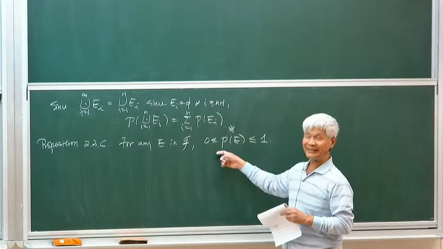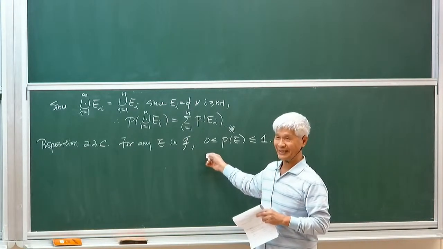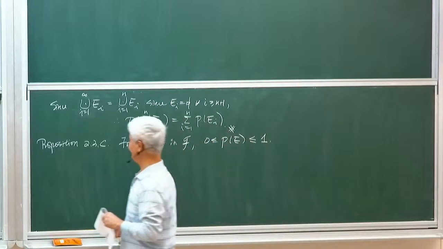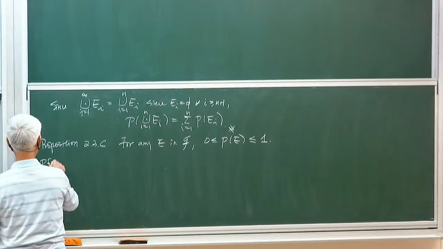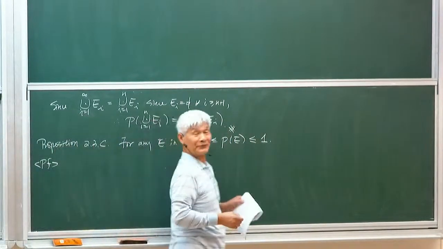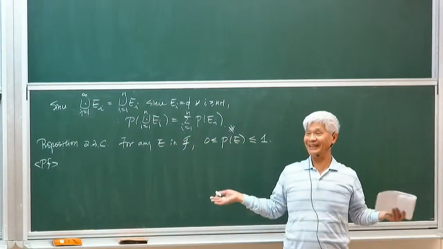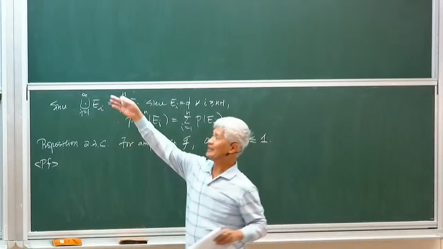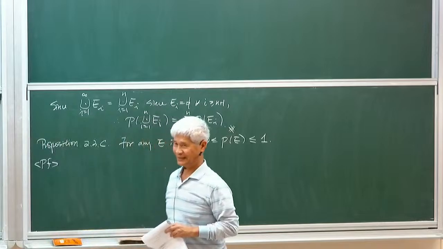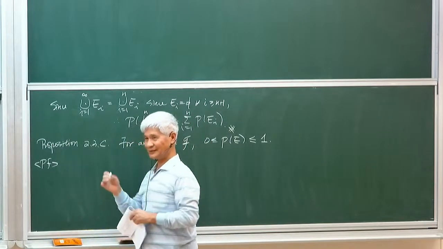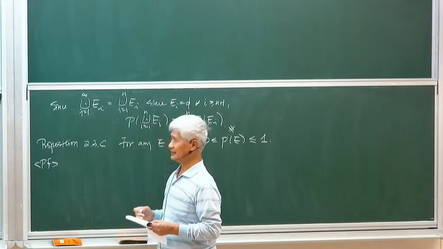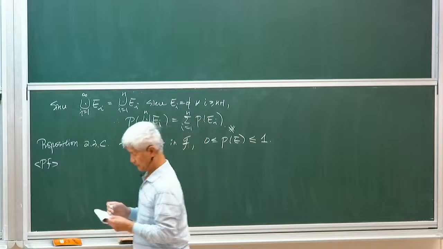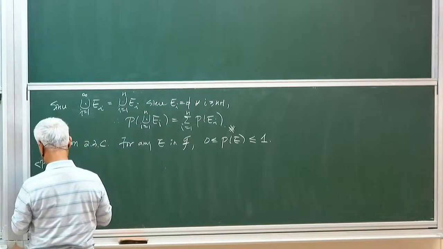Okay, this is very intuitive, right? Very simple fact. But we still have to prove it. Why? Everything should be proved from the 3 axioms, just like we had done in Euclidean geometry or in the vector space.